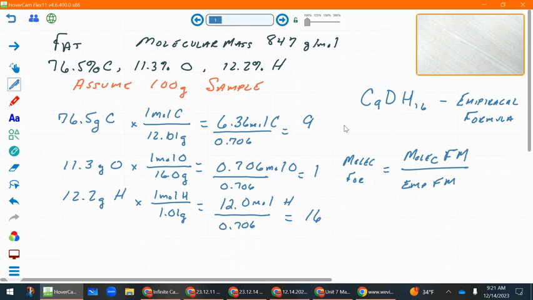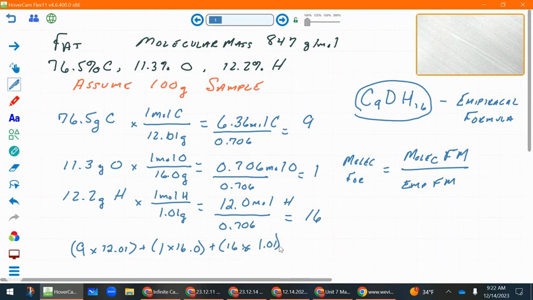The empirical formula mass for this compound right here, ladies and gentlemen, is 9 times 12.01 plus 1 times 16.0 plus 16 times 1.01. So 108 plus 32, ladies and gentlemen, 140.